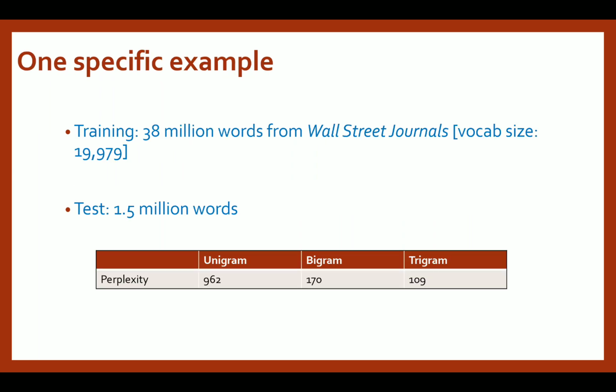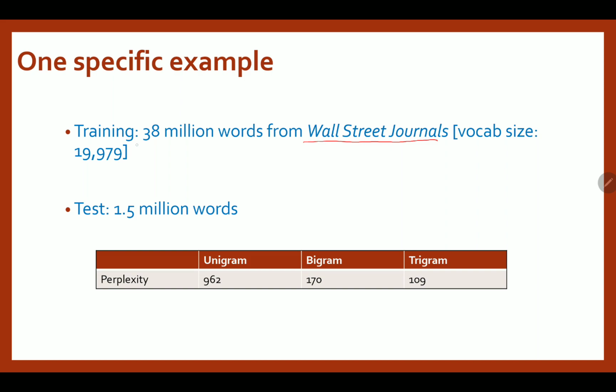Now let's look at a specific example comparing the perplexity of different language models. Here the probabilities were estimated on a corpus from the Wall Street Journal.